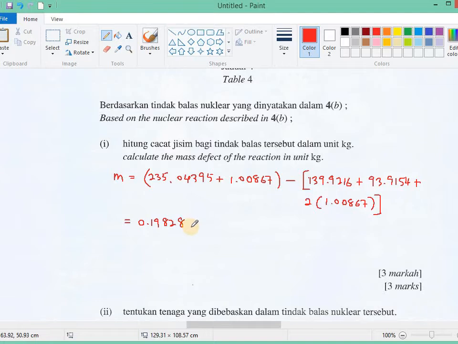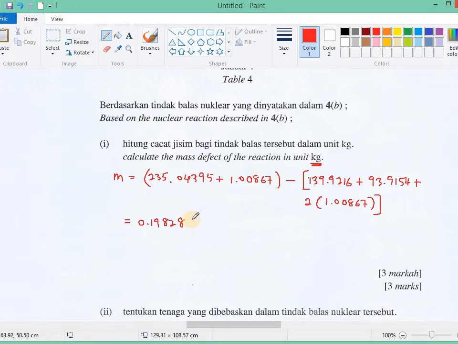This is in atomic mass unit. So we need to change it into kilogram. The question says calculate mass defect in unit kilogram. So you need to refer to the formula list and list of constants in front to see 1 atomic mass unit is equal to how many kilograms.